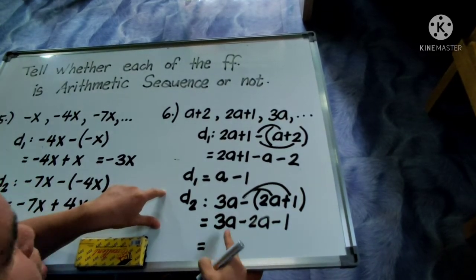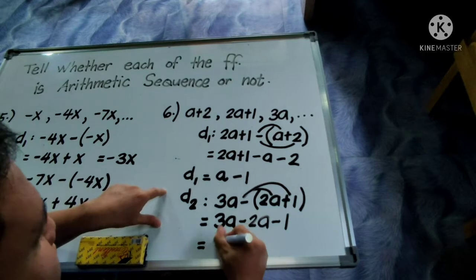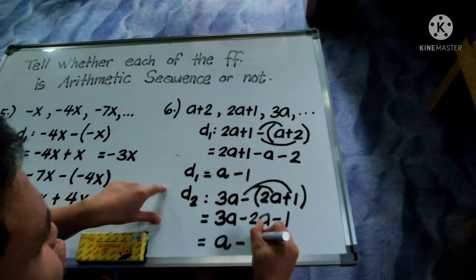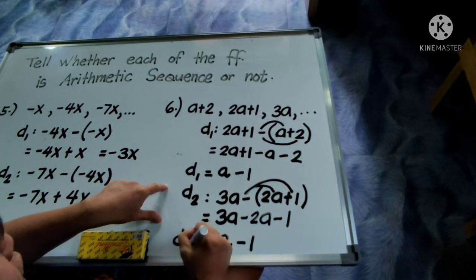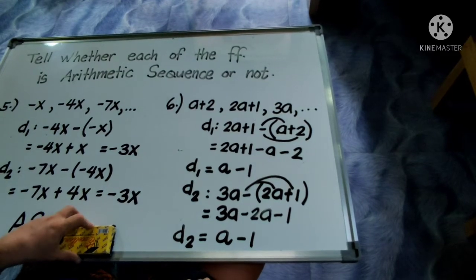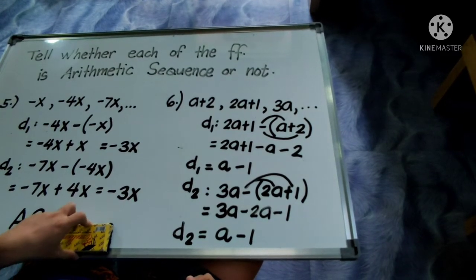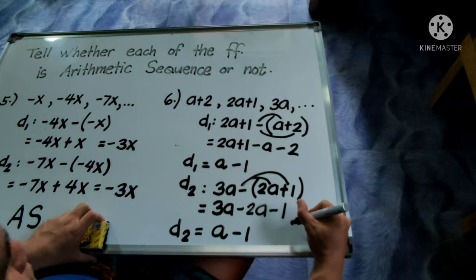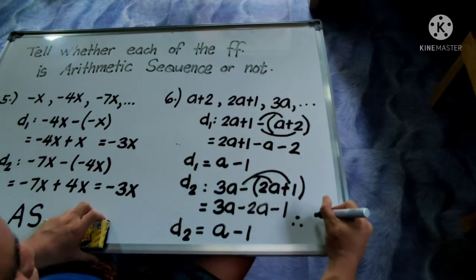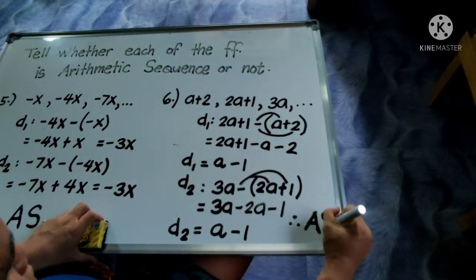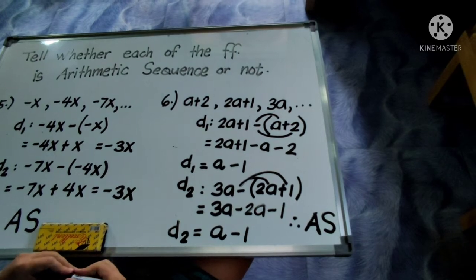Simplify it further, 3a minus 2a is a, copy minus 1. So that is our d sub 2. Now my question is, do we have a common difference? The answer to that is a big yes. Therefore, number 6 is an arithmetic sequence.